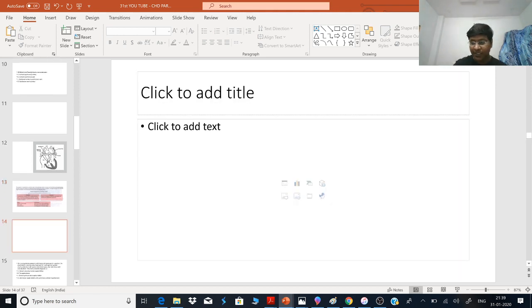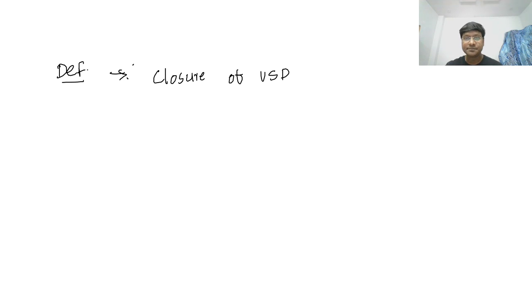The definitive therapy includes number 1, closure of VSD, and correction of infundibular stenosis.